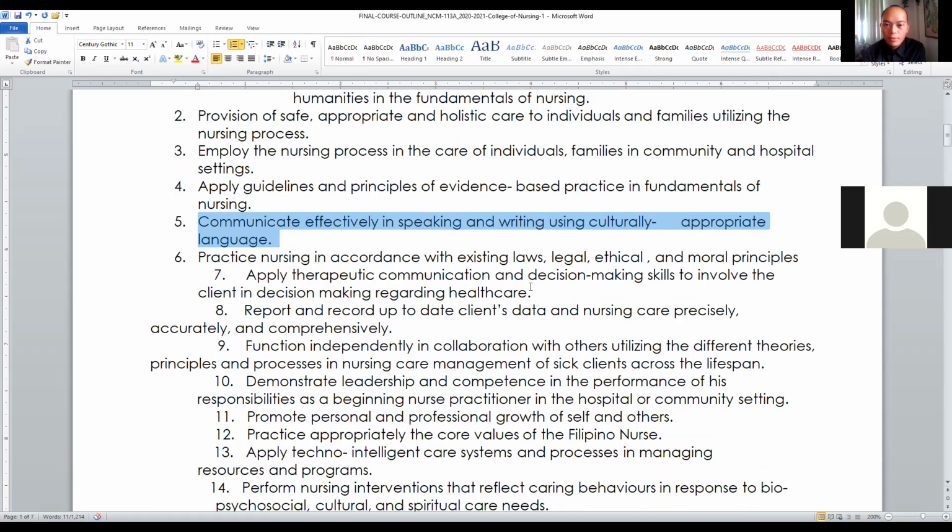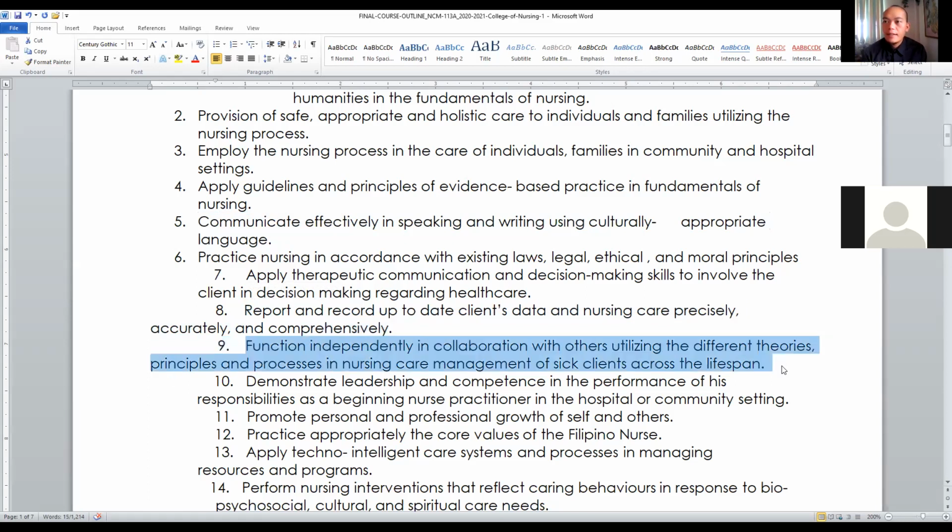Practice nursing in accordance with the existing laws and legal, ethical, and moral principles. Report and record, which were some of the concepts in our midterms and finals, the importance of reporting, recording, and monitoring. Number 9, function independently and in collaboration with others. Remember in COPAR, it is not enough that you are able to implement programs.